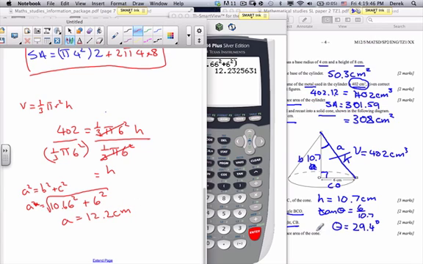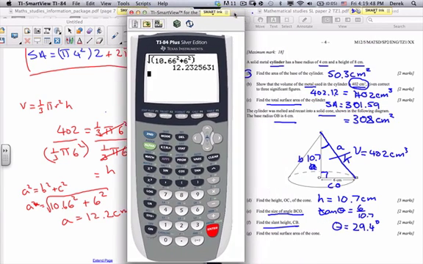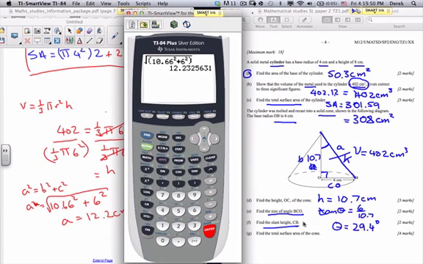So we've got that over there. We've got the slant height is 12.2 centimeters.